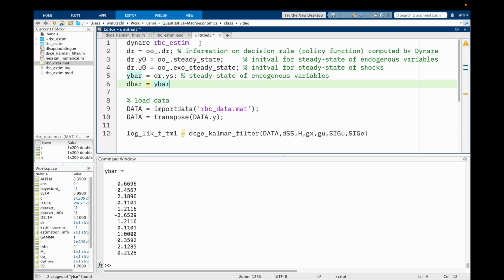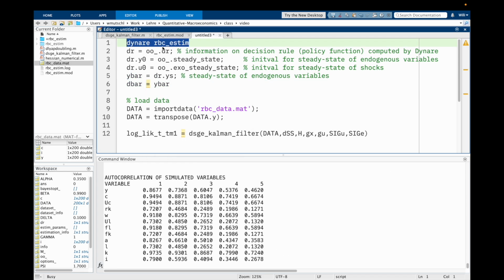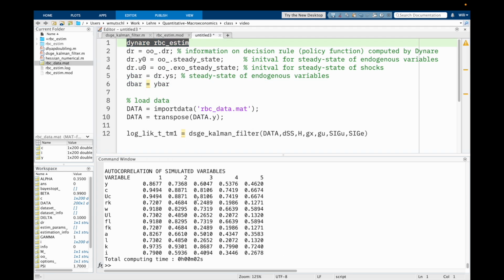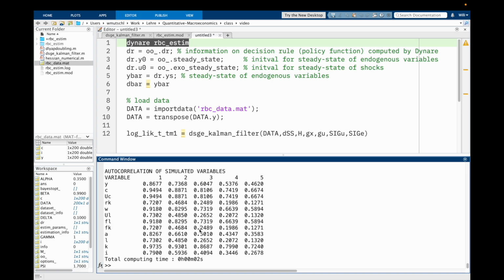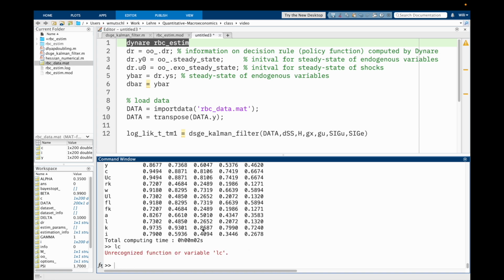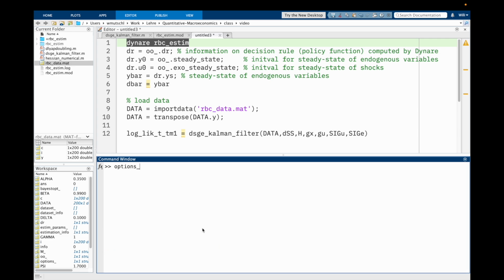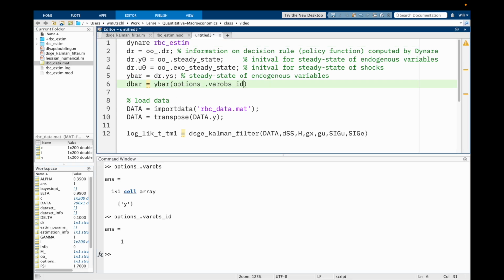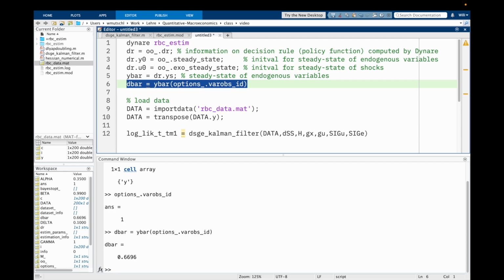And if I now run Dynare, I have a new options_.varobs. This will tell me which variables I declared as observables and the ID of that variable. This is quite handy because I can use this to access the steady state of my one observable variable.